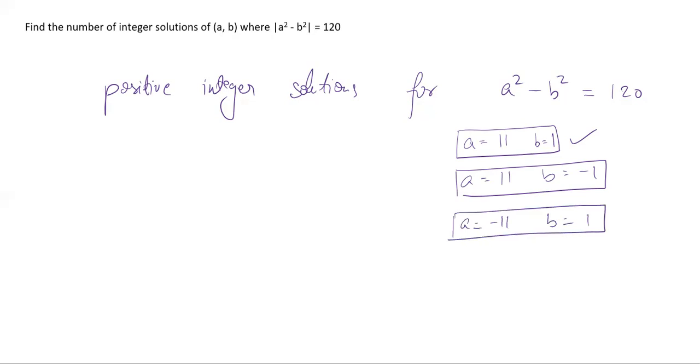And a is equal to minus 11 and b is equal to minus 1. I hope you get the point: for a particular positive value of a and b, I'll have a plus minus option for a and a plus minus option for b.